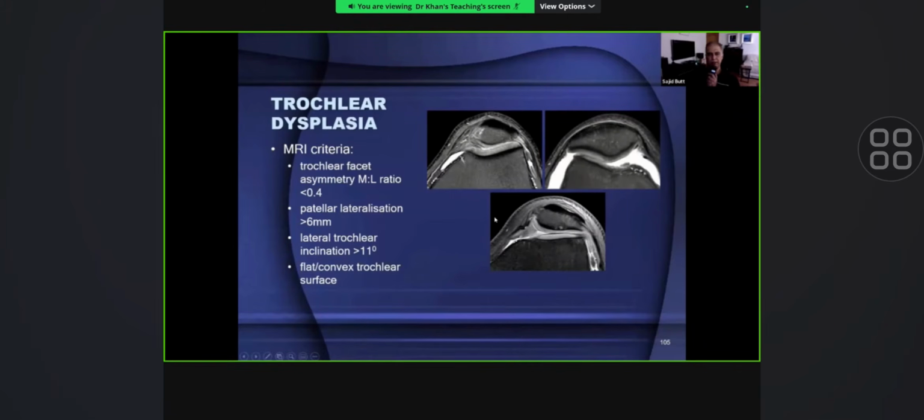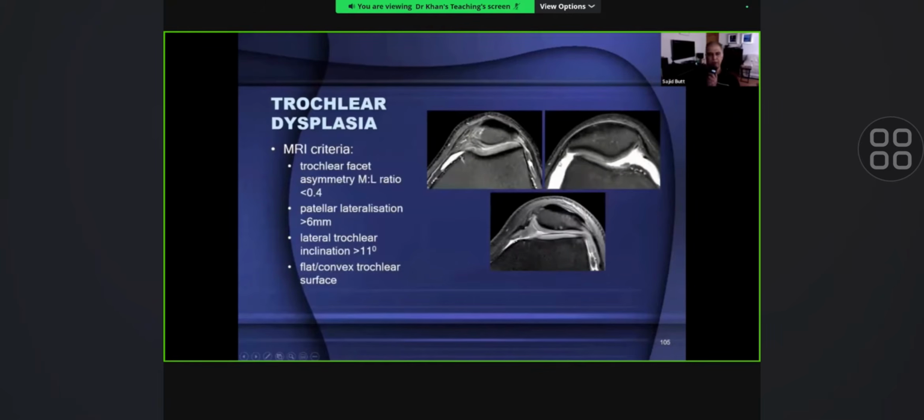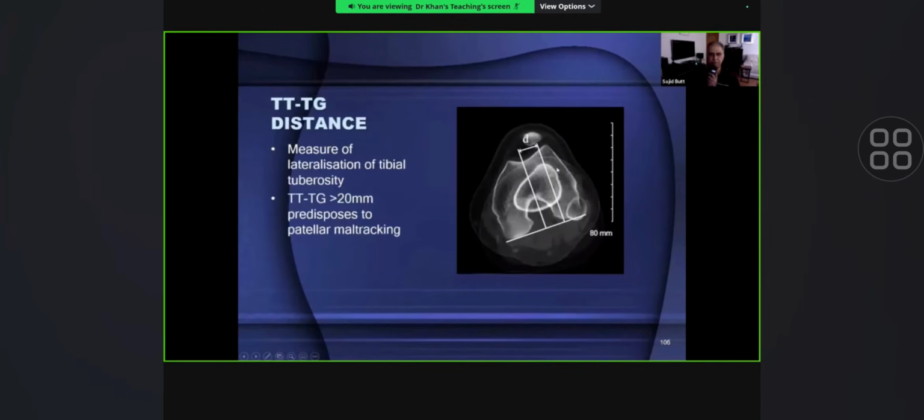We've already discussed the step-like deformity, which you can just eyeball. The second one is that you just look at the disposition of the patella, and if it is tilting more posteriorly, then that's a dysplastic trochlea. The patella begins to go laterally by more than 6 millimeters from the lateral femoral condyle. That's a dysplastic looking trochlea.